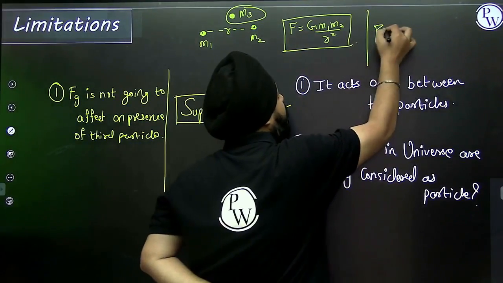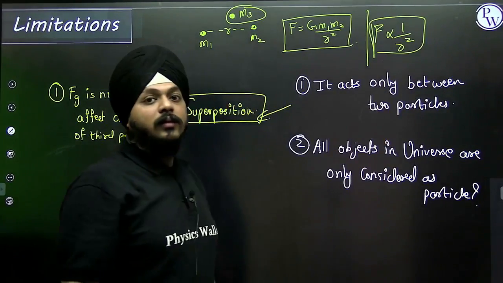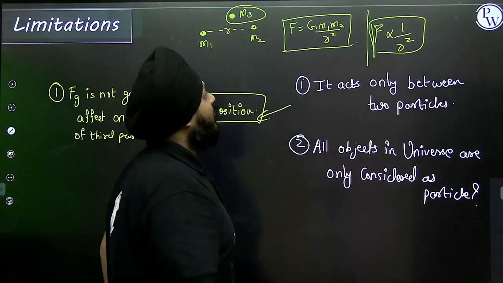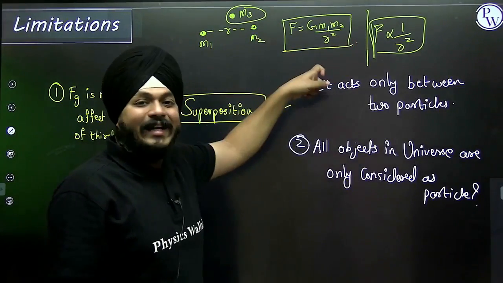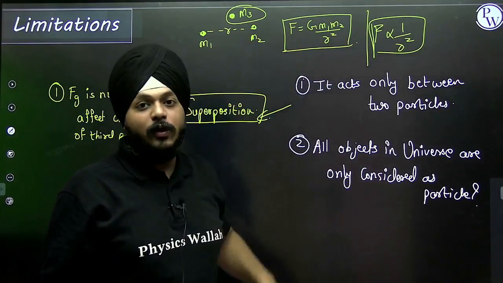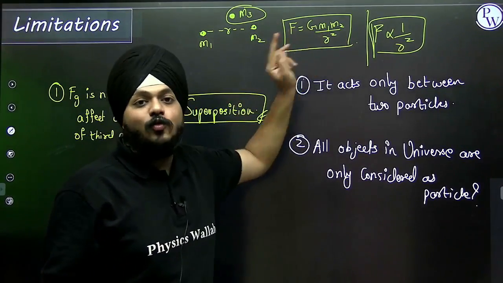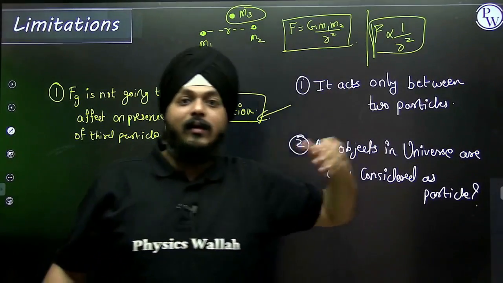F is inversely proportional to r square. If the masses change, then F changes. If R changes, then F changes. This F value does not change with the presence of the third particle.